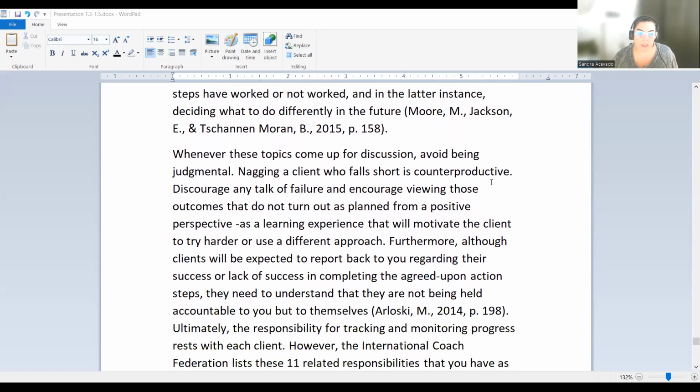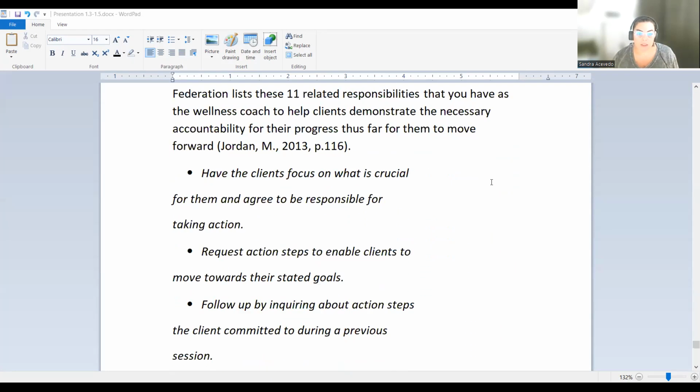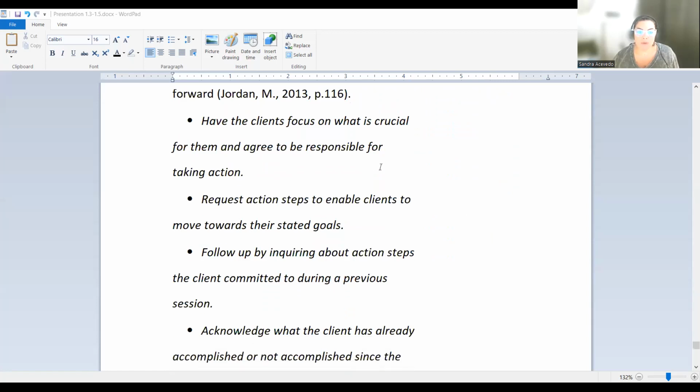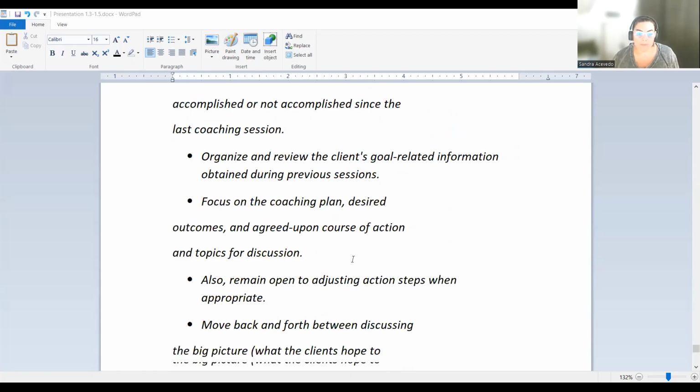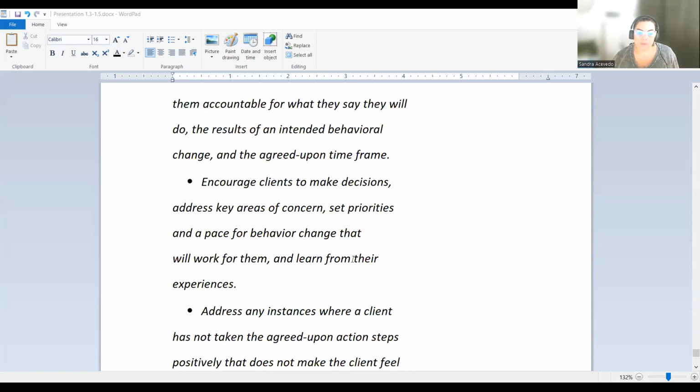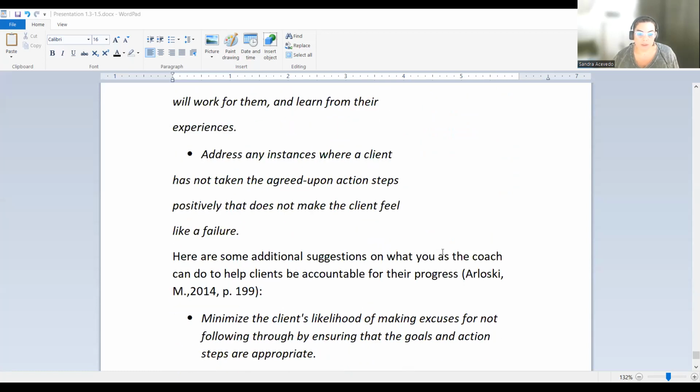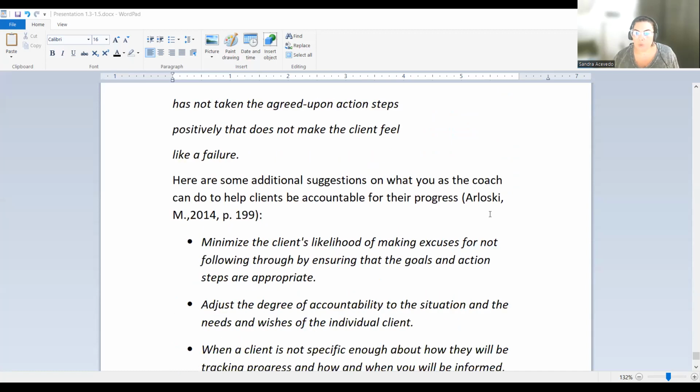So accountability: have the clients focus on what is crucial for them and agree to be responsible for taking action, request action steps to enable clients to move towards their stated goals, in many different ways. There are some additional suggestions on what you as a coach can do to help clients be accountable for their progress.